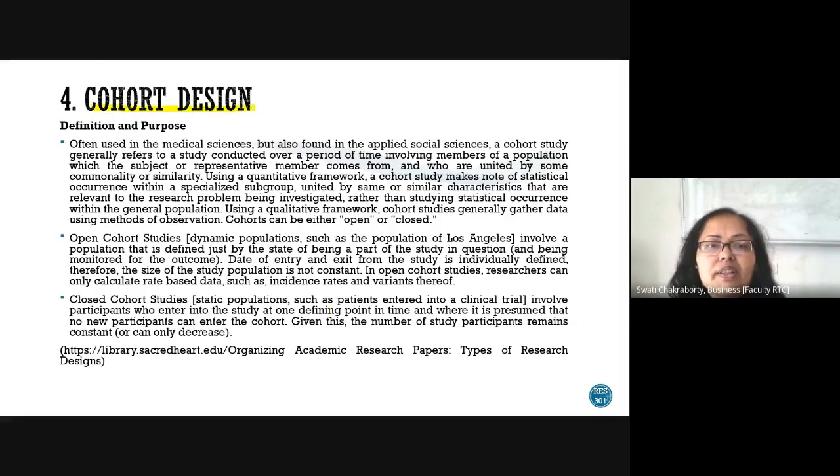Fourth is cohort design, which is mostly used in medical sciences, but can also be used in other types of applied social sciences, right? It refers to a study conducted over a period of time, which involves members of the population from which the subject or representative member comes, and who are united by some commonality or similarity.